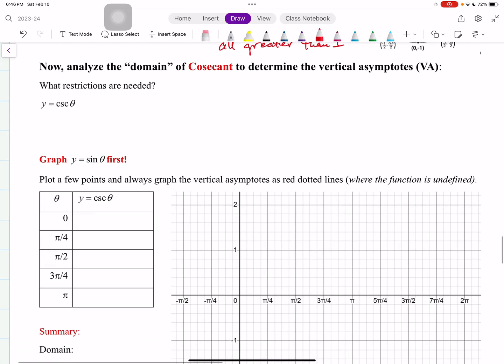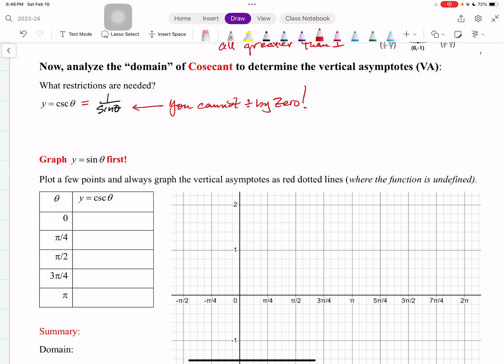We're going to take a look at the domain of cosecant, and the way we do that is by writing down the definition. Cosecant of theta is defined as 1 over sine theta. As I've said before, you can never divide by 0. You should know that by now. Believe it or not, you have to go back to grade school to understand this lesson.